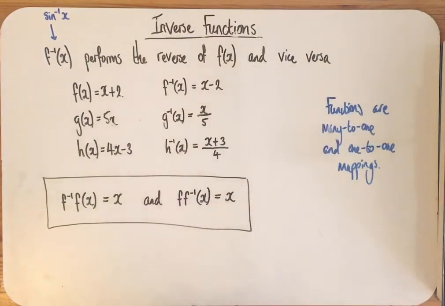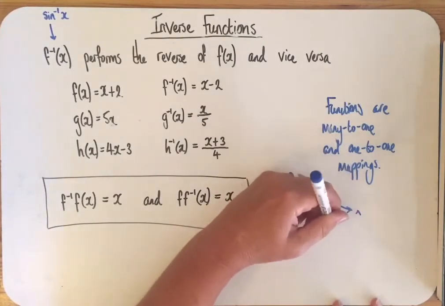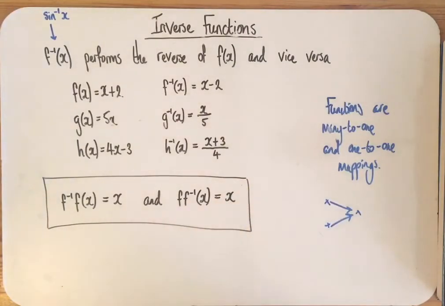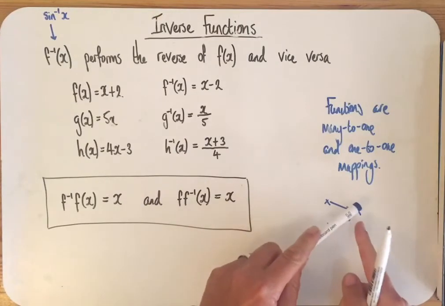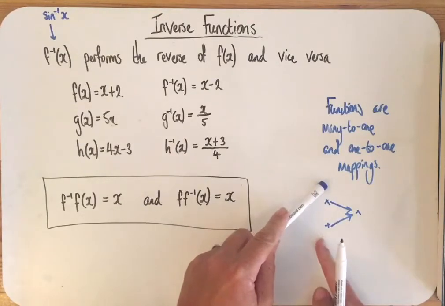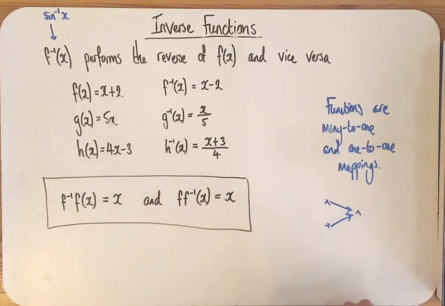So if f of x is a many-to-one mapping, so you've got more than one value of x mapping onto a value of y, it's going to be looking something like that. That's your f of x. Then the inverse would be one to many, because it has to take you back to where you started from. But then the inverse wouldn't be a function, because one to many mappings are not functions.